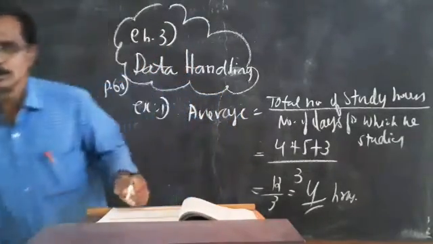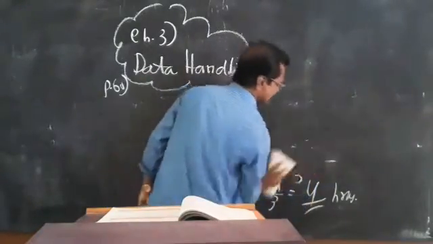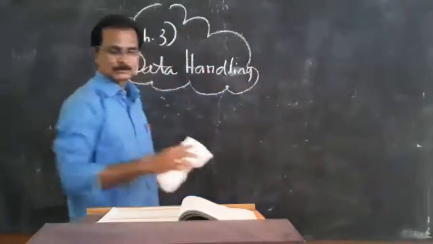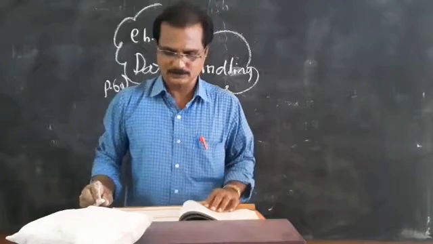Then example 2 is from cricket. A batsman scored the following number of runs in 6 innings.